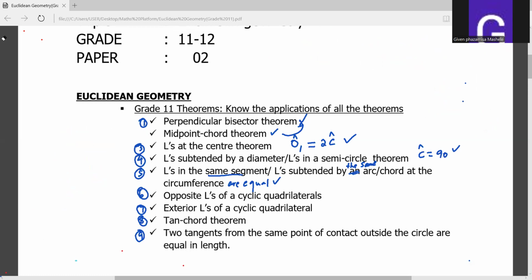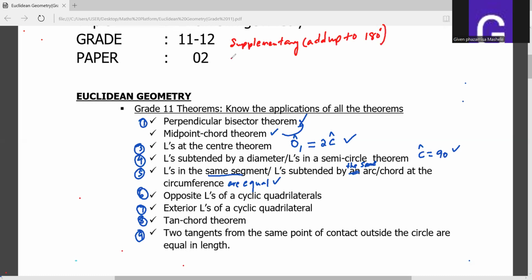What does it mean by supplementary? We know supplementary means they add up to 180 degrees. Angles that are supplementary add up to 180 degrees.